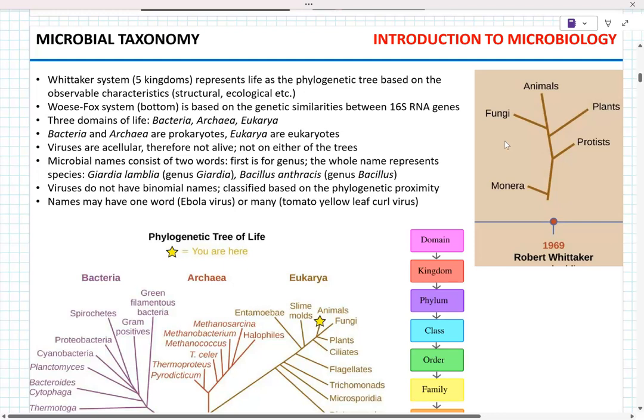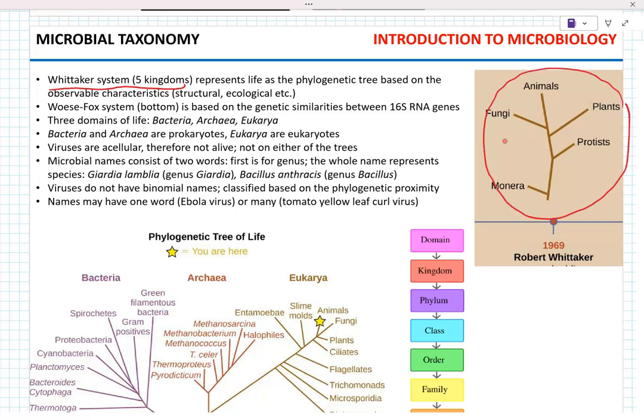So how do we classify microorganisms? Originally, it was Carl Linnaeus, but the Whittaker classification that was widely accepted in the mid-20th century relied on 5 kingdoms: Monera, protists, plants, fungi, and animals, which were based on observable characteristics, such as structure or ecology.